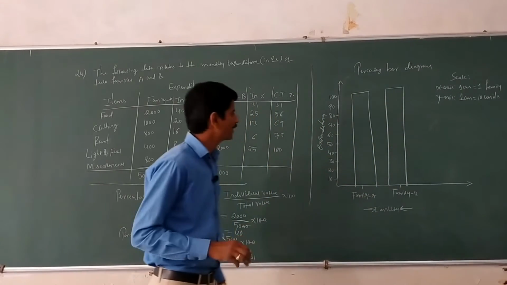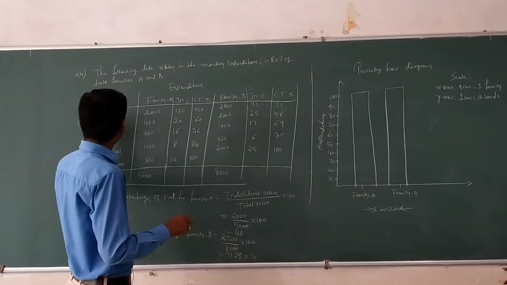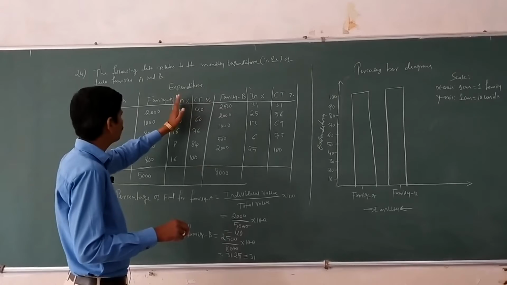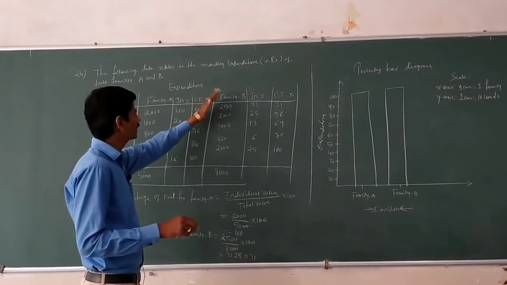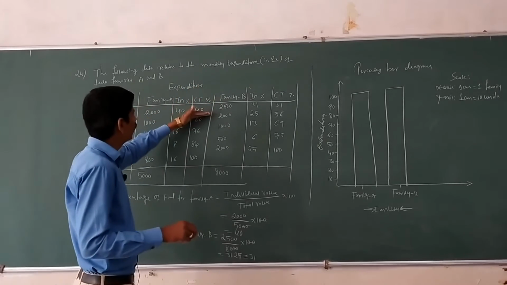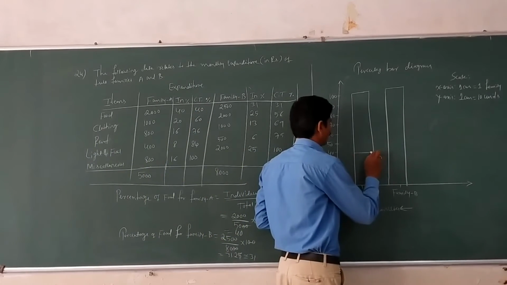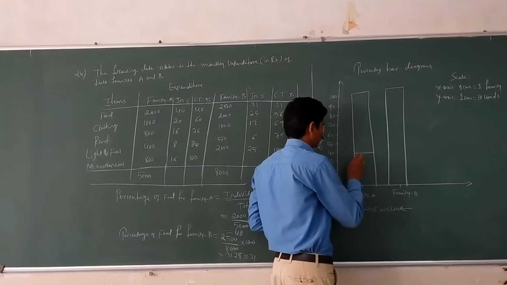Divided into different segments. Here, you have to refer to the cumulative percentages, not the plain percentages. Here food can be divided into 40. Food is 40, this is food.